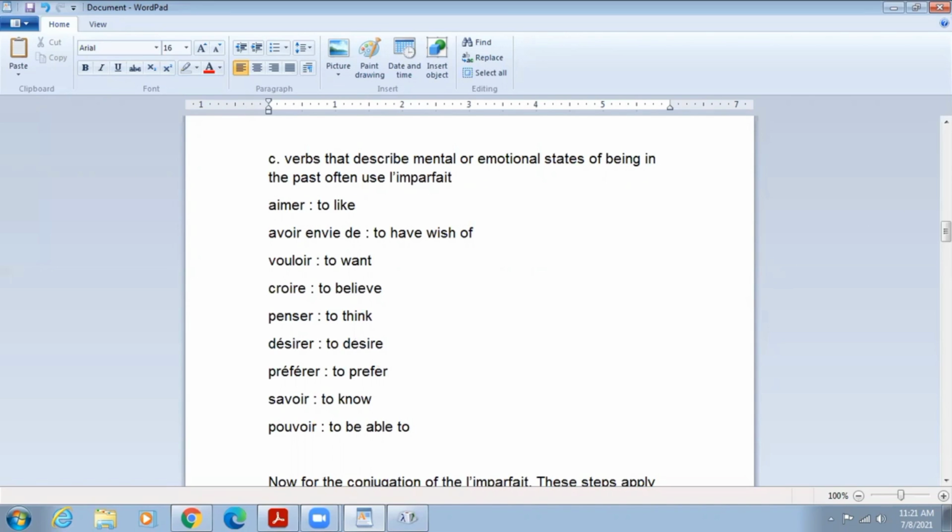These are the words that can be used to talk about somebody's mental or emotional state.